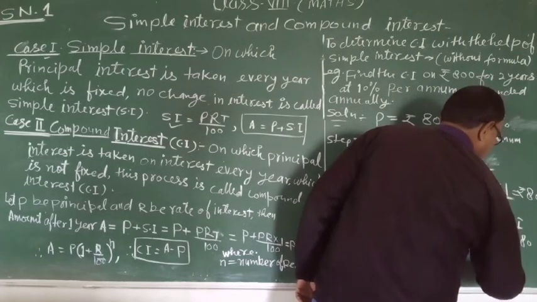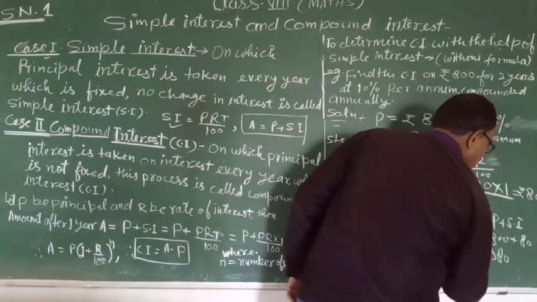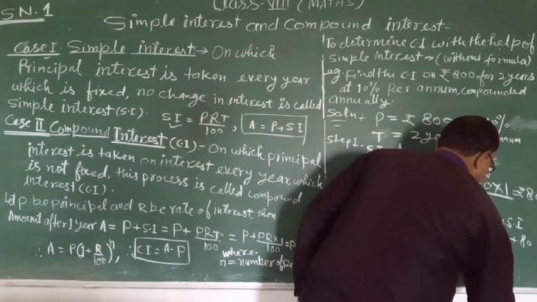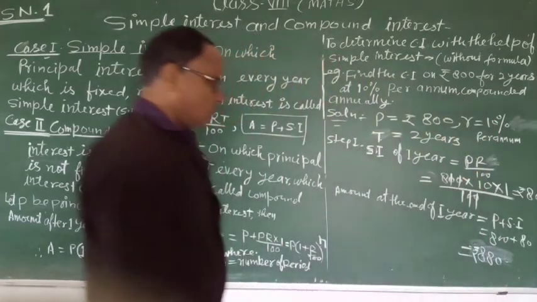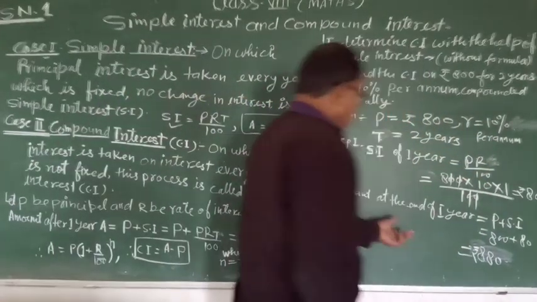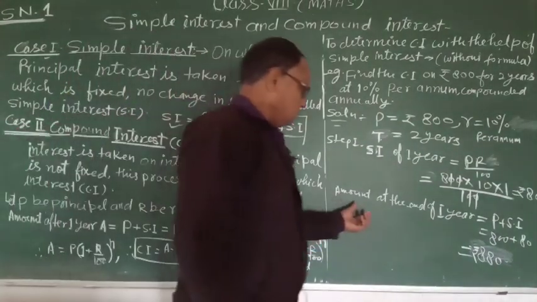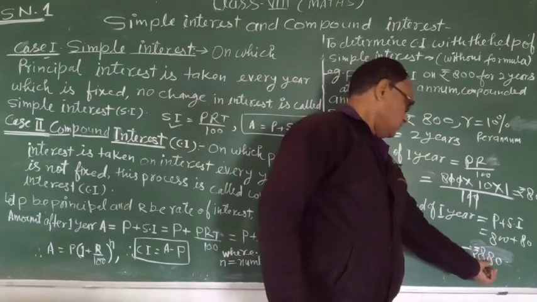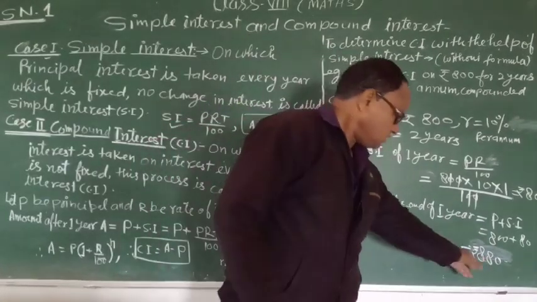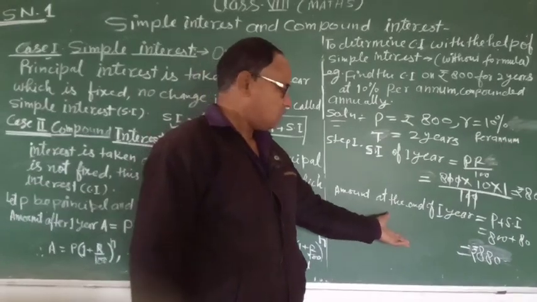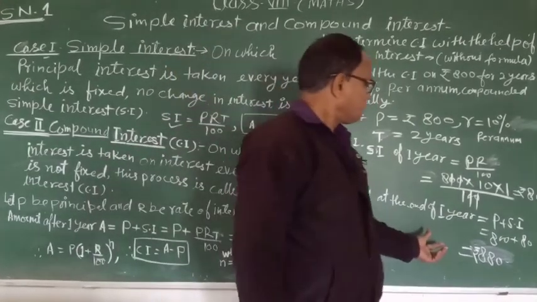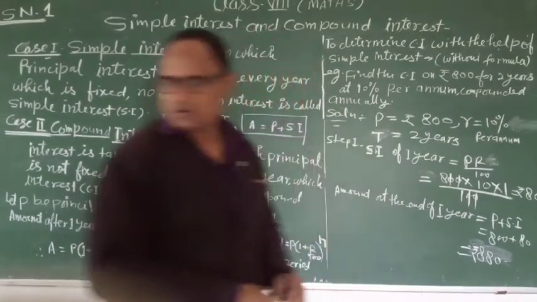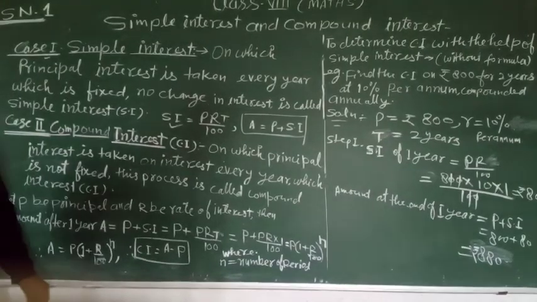We get here 880 rupees. Okay. After this, amount at the end of first year is equal to 880 rupees, which is this amount of first year will be the principal of second year. Principal of second year.